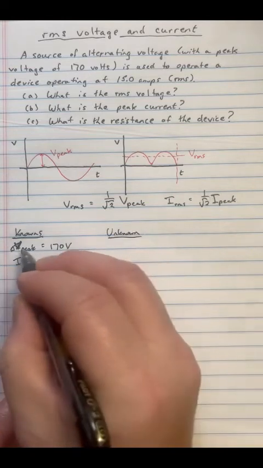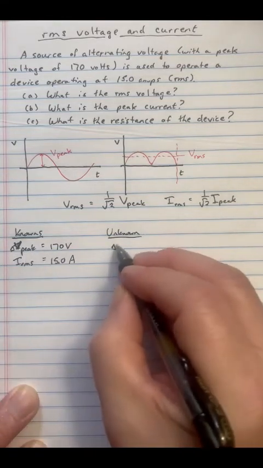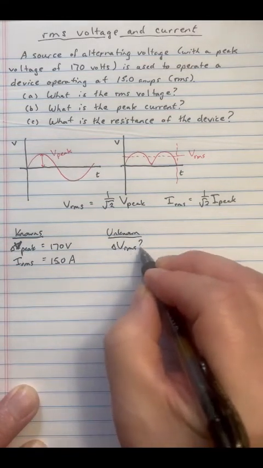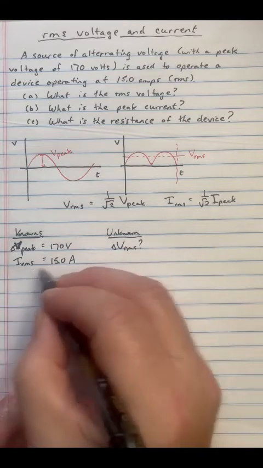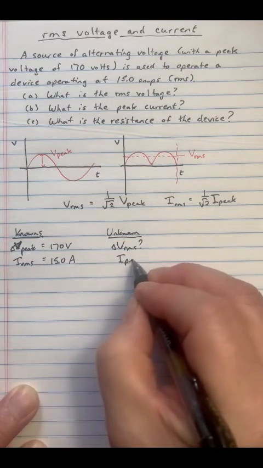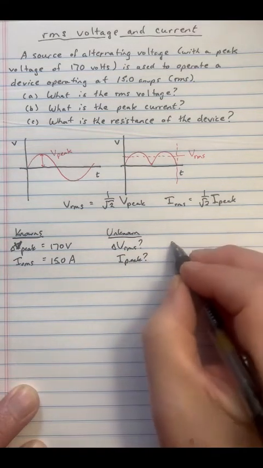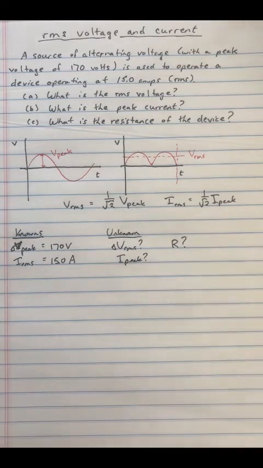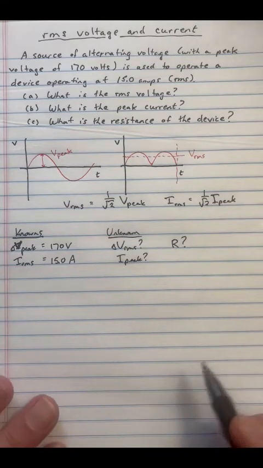Instead of getting a peak voltage, we're interested in the RMS voltage, so that's an unknown. We have the RMS current, we want the peak current. And we're going to assume that this particular device, or the source of voltage and the wires, are only connected to a resistor. So there is some device with an effective resistance out there, and that's what we're looking at.